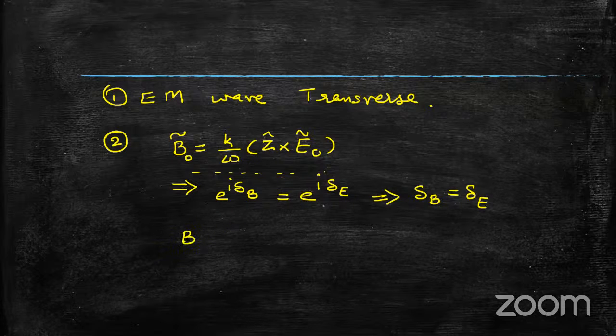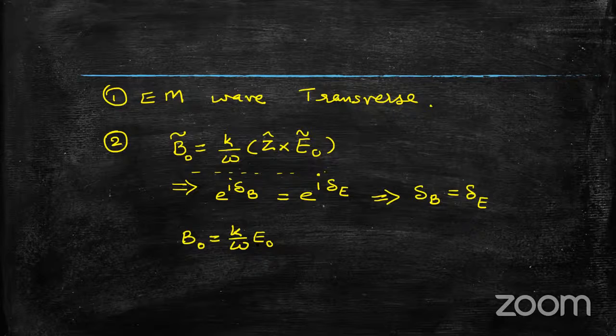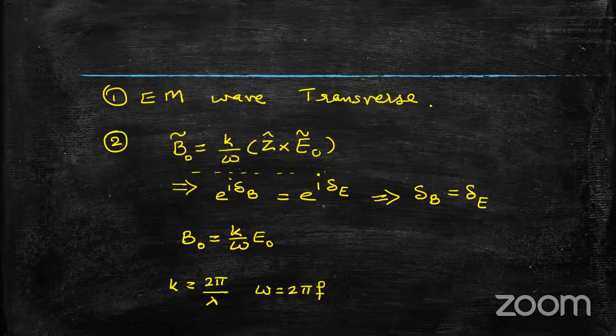Now suppose we take the real amplitudes B0 and I just take the magnitude, it is k by omega times E0. Now what is k by omega? k is equal to 2 pi by lambda and omega is equal to 2 pi f or 2 pi by T. So what will be k by omega?